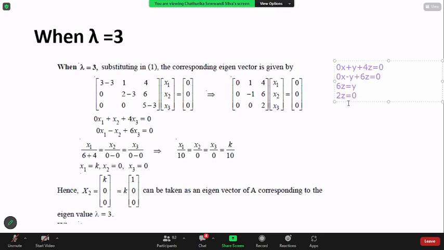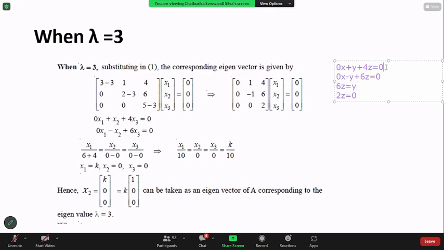From the last equation we can see z is equal to 0. Right? So now we substitute z equals 0 in the second equation, and y is also 0. Right?